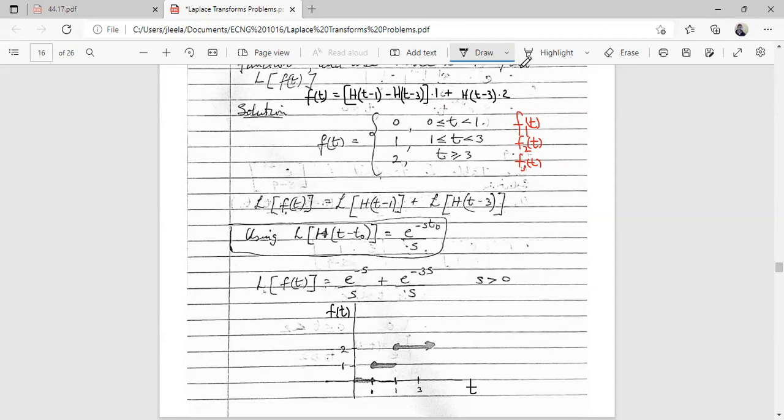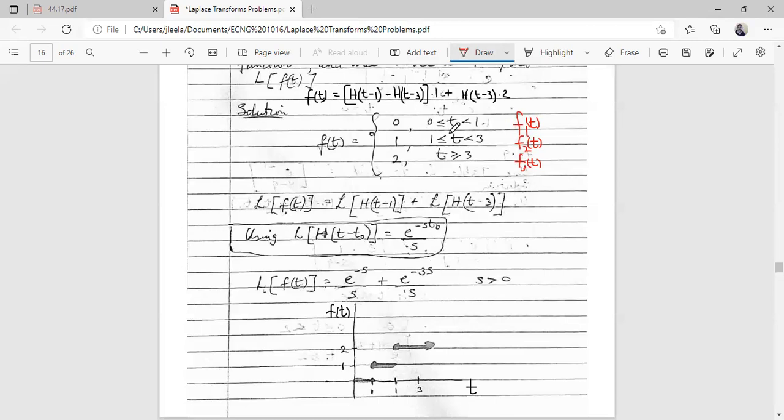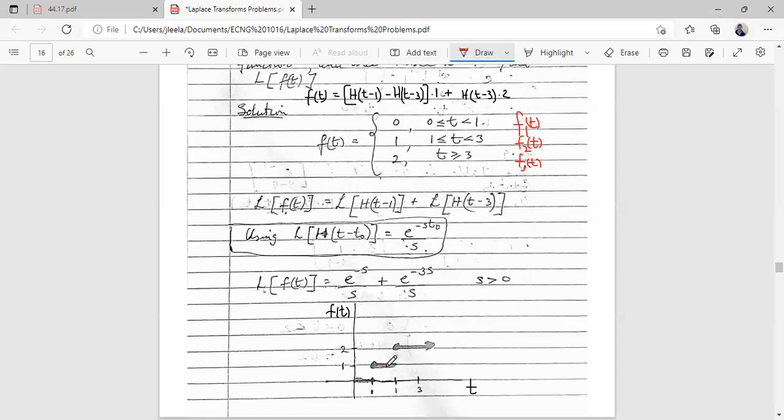All right, so this is a little error here. So I want to do some repair here. Right. So between 0 and 1 is defined to be 0. So this part here is correct. Between 1 and 3, it is defined to be 1. So this should really be extended here.